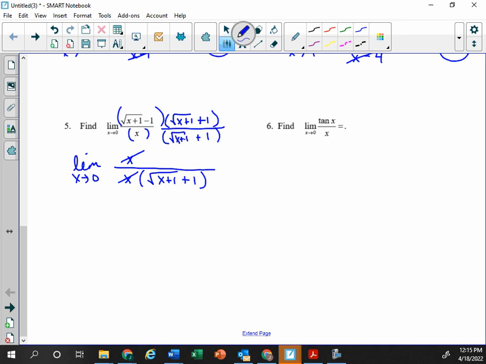Sometimes when people cross out the numerator, they're like, oh, it's not a fraction anymore. No, no, no, it's still a fraction. That part is still in the denominator. So make sure you put a 1 in there as a placeholder. And now when I plug 0 in, what do I get? 1/2. Do you see it? Okay.